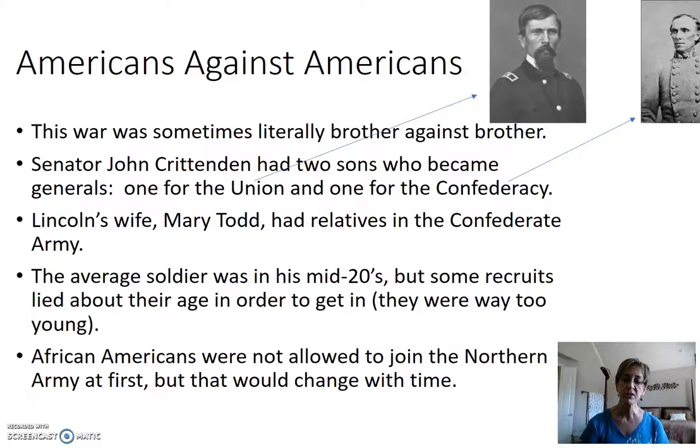The average soldier is in his mid-20s, but some recruits lied about their age. If you could pass for 15 or 16 or 17, they would take you on either side, and no one is going to ask any questions. African Americans were not allowed to join even in the North at first, but it doesn't take very long before Lincoln changes his mind about that.